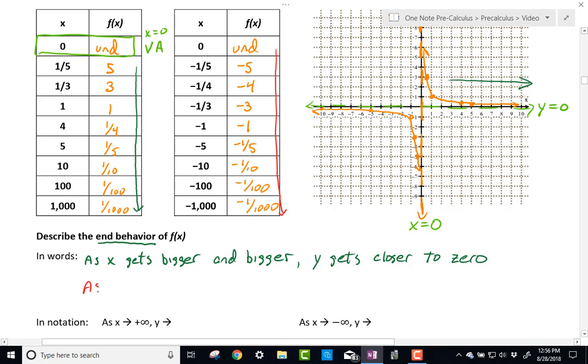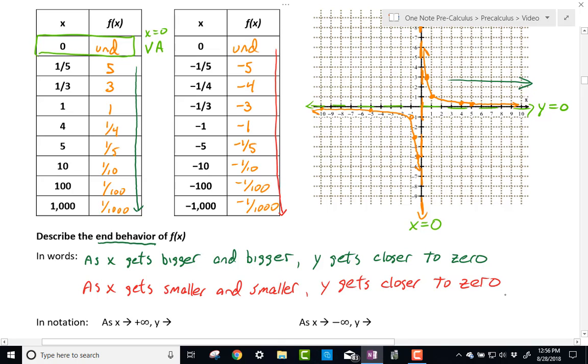So we could say as x gets smaller and smaller, I just want you to realize as x continues to get small, y gets closer to 0. But it doesn't ever touch 0.